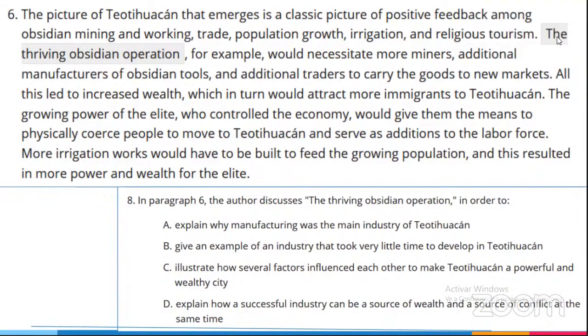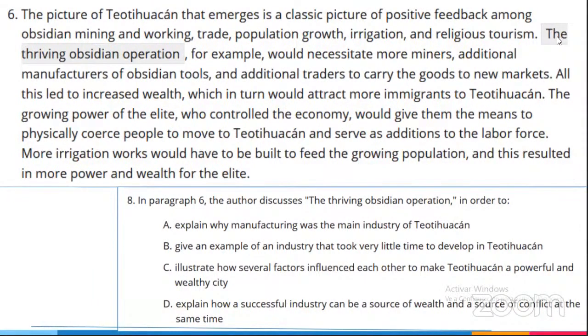I think it's D. Explain how a successful industry can be a source of wealth and a source of conflict at the same time. Okay, and why D? The conflict says in the end, more irrigation works would have to be built, and they resulted in more power.